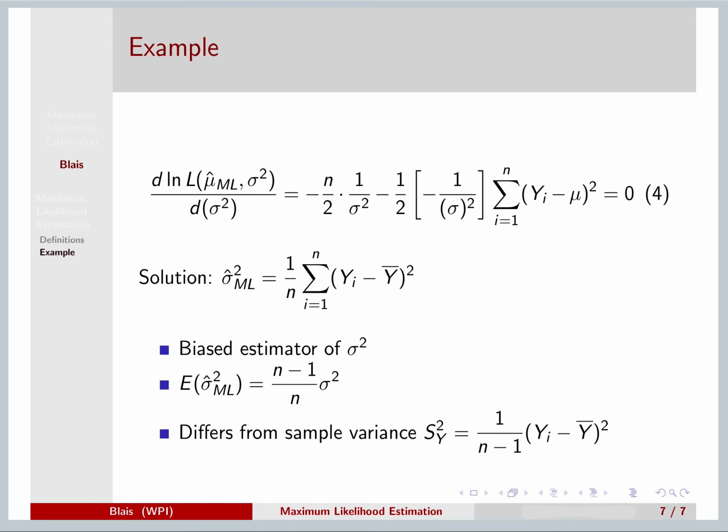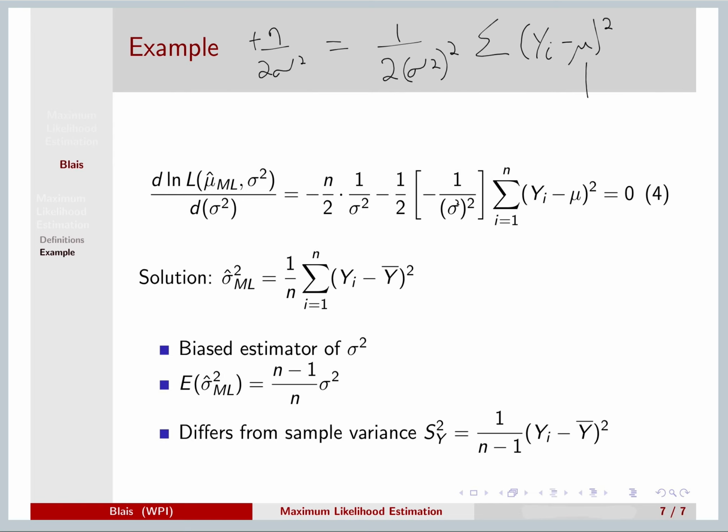Now, why is that? You can see if you clean this up a bit, say take one more algebraic step so we can see it, you'll have that minus n over 2 sigma squared. Well, if we bring that to the right-hand side of the equation, that becomes a positive. And here you have that negative times a negative, so 1 over 2 sigma squared times the sum of yi minus mu squared.